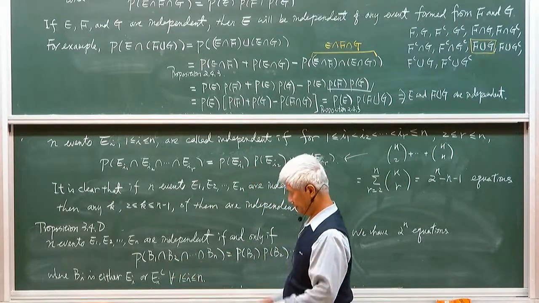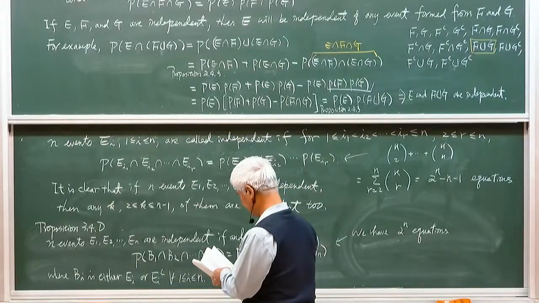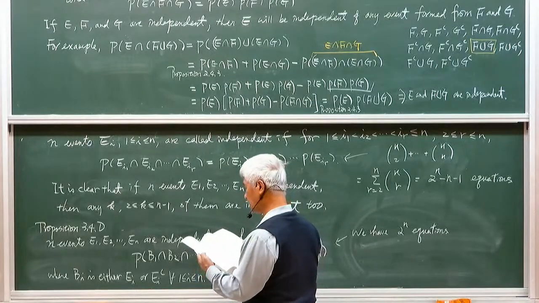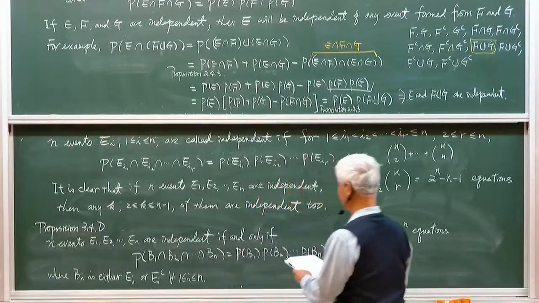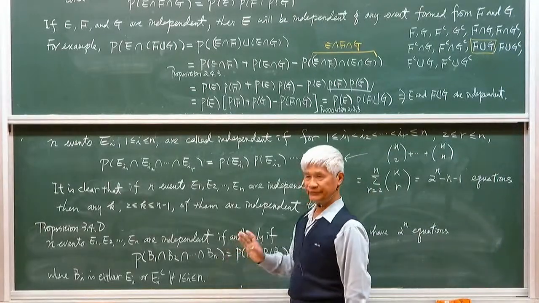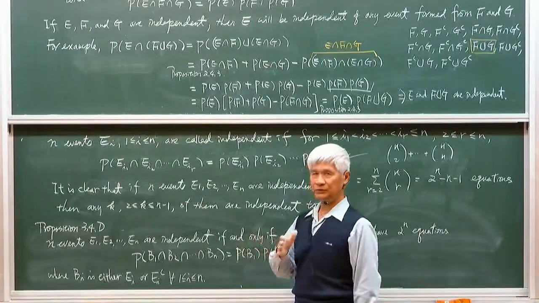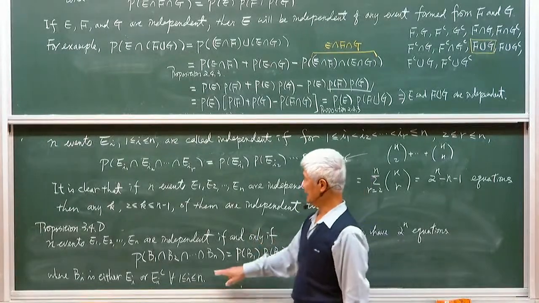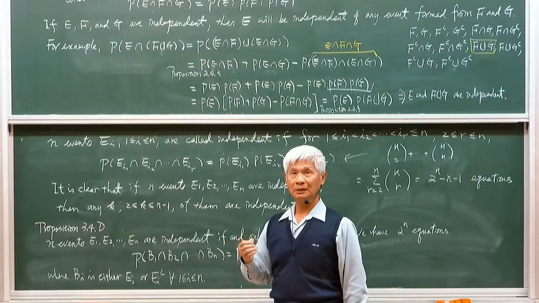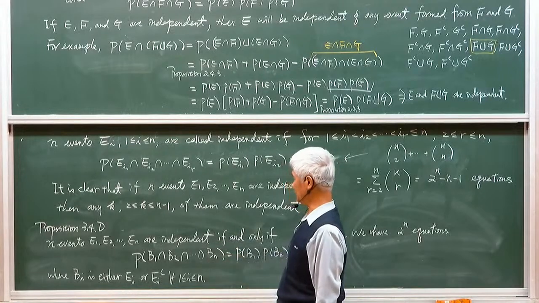The proof is actually long, taking 2 pages, so I will not give the proof, but will send you a note for you to read. Otherwise the proof will take more than half an hour, probably 1 hour. I'm not so sure.